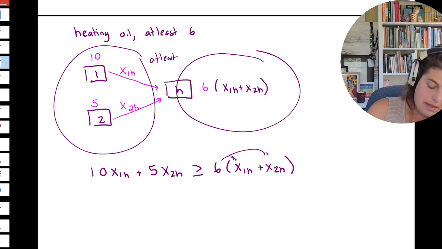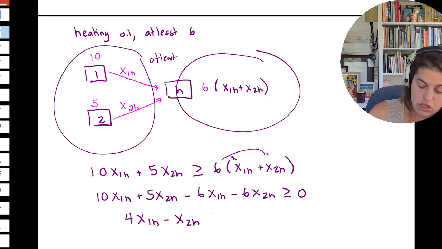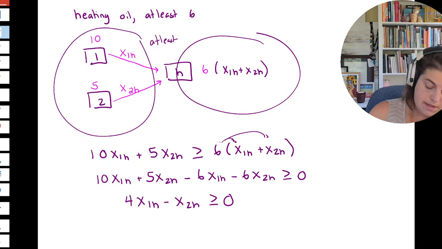So it's going to be this 10 minus 6, I'll just write it out. Okay. So then I'm going to have 4x1h minus 1, so I can just leave it as x2h, greater than or equal to 0. Okay. And this is my constraint.